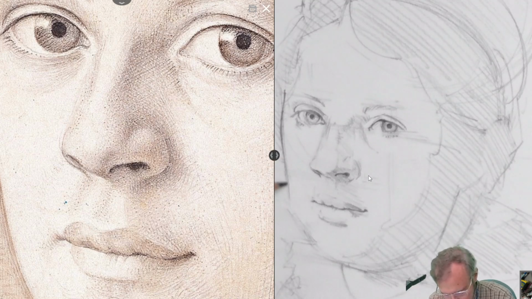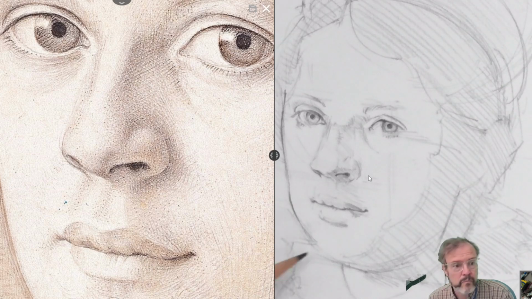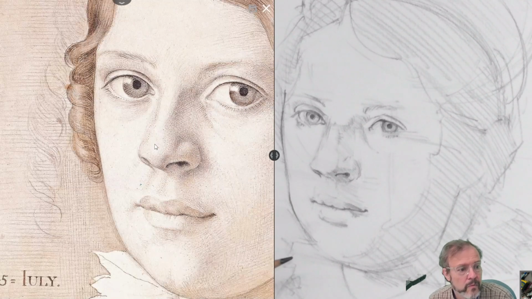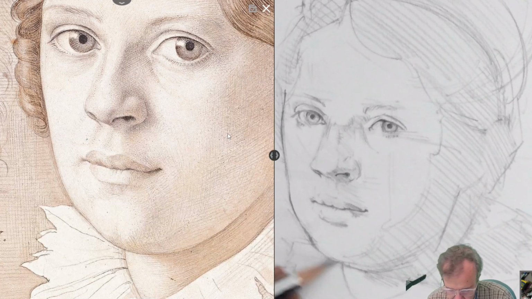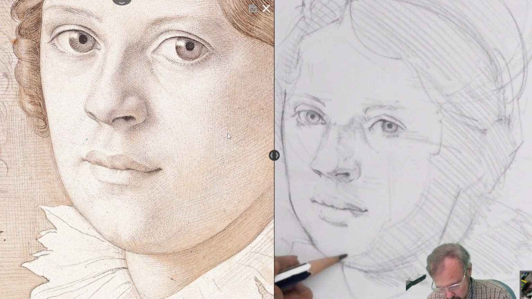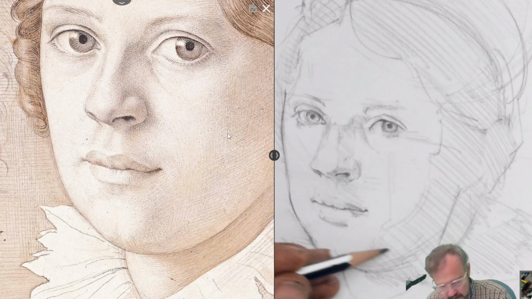And then there's a little bit of a fullness right here below the corner of the mouth. And this, another fullness at the chin. Beautiful reflected light on the throat.